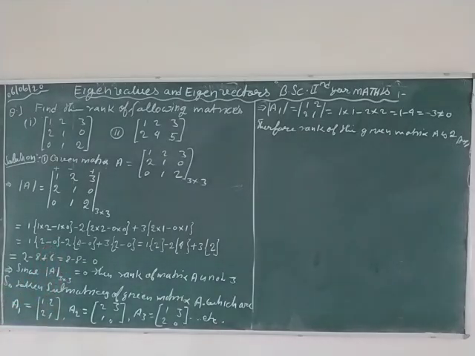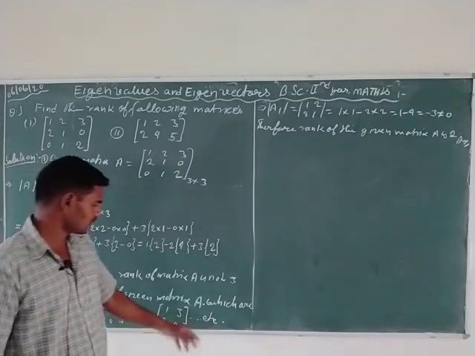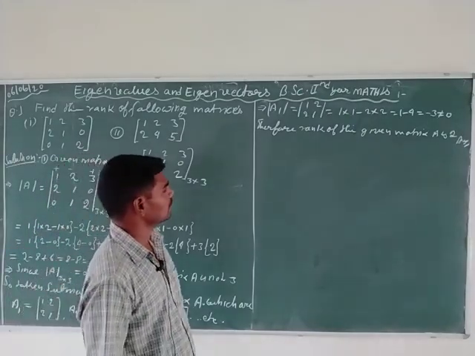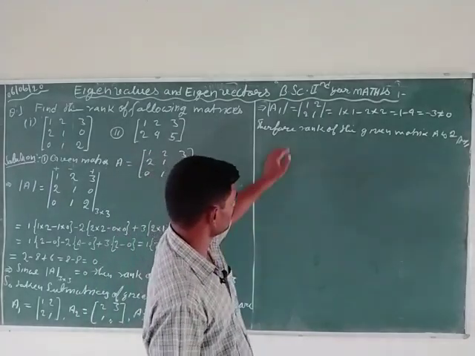After that, calculate its submatrices. According to the submatrix rules, consider submatrices A1, A2, A3, etc. You can find other submatrices of the given matrix. After that, find the determinant of each submatrix.